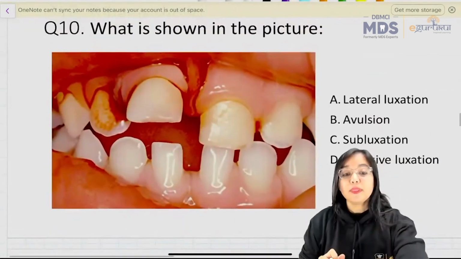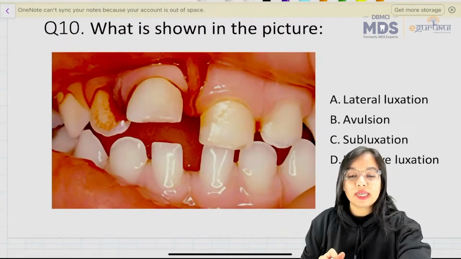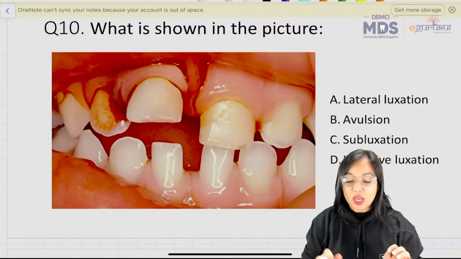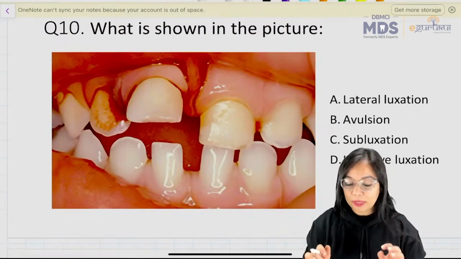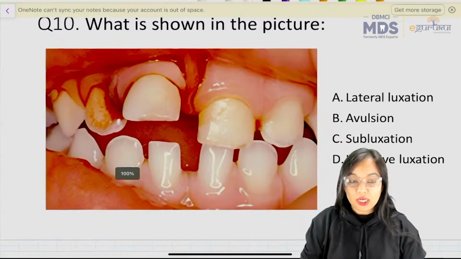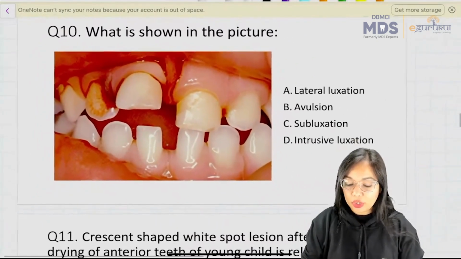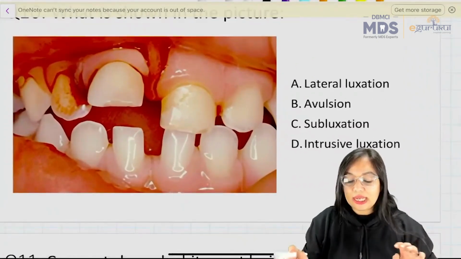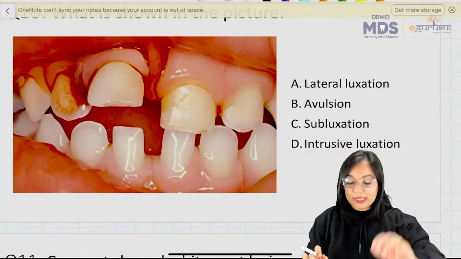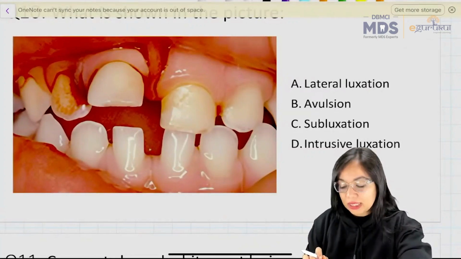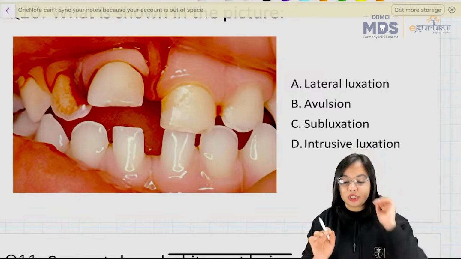Is it clear? The next question here is again an image based question which says, what is shown in this picture? The options given to you are lateral luxation, avulsion, subluxation, or intrusive luxation.